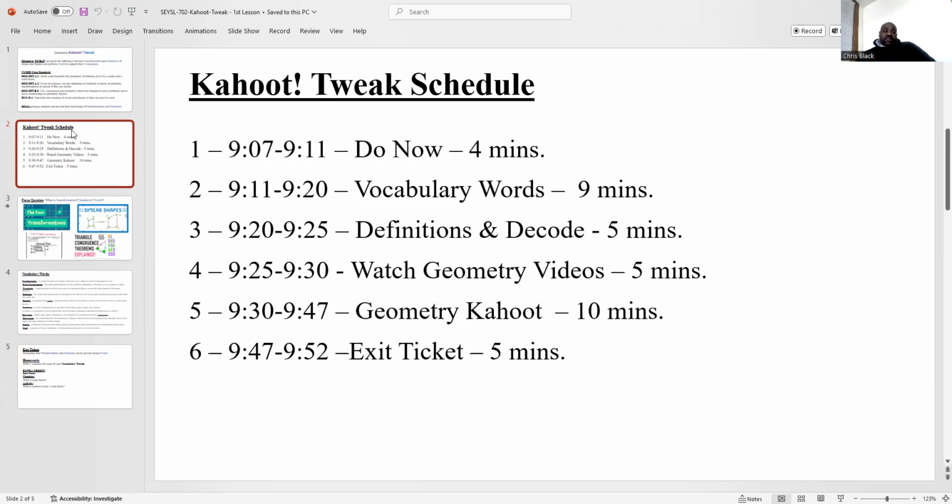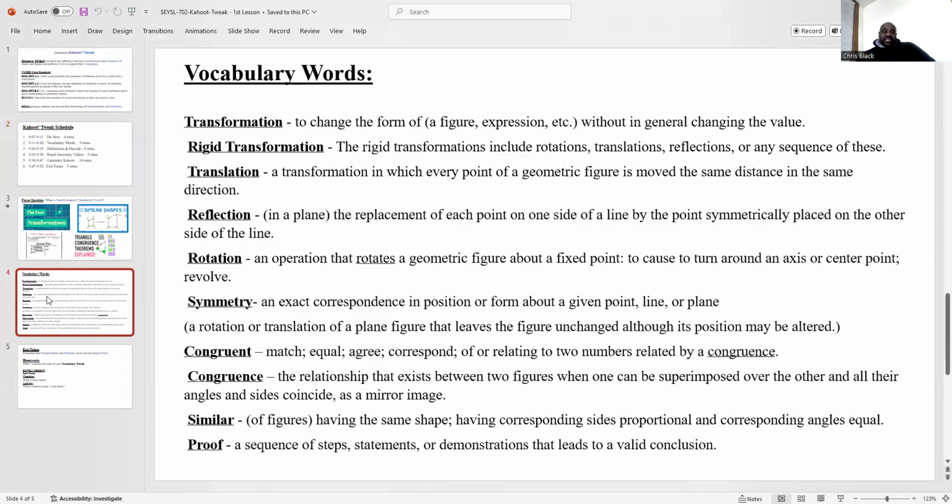I am going to skip ahead to my vocabulary words list. I was an English major undergrad. I like words. I believe words and concepts link together, and in math, that's true. And so I've given the kids vocabulary words that relate to geometry and what we're doing with proofs and geometric shapes.